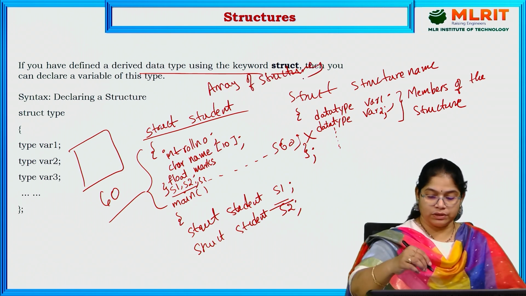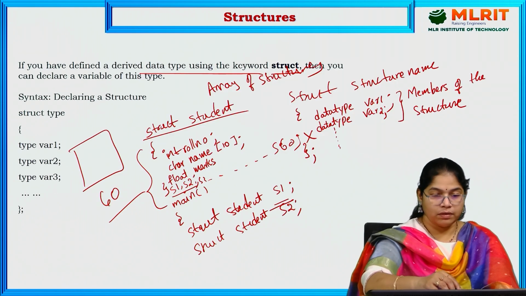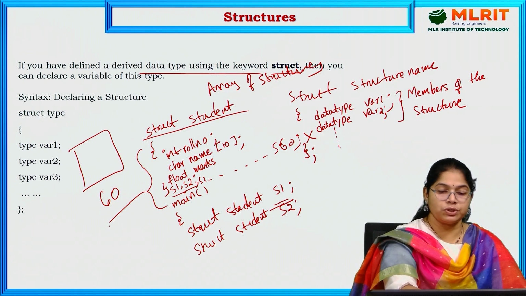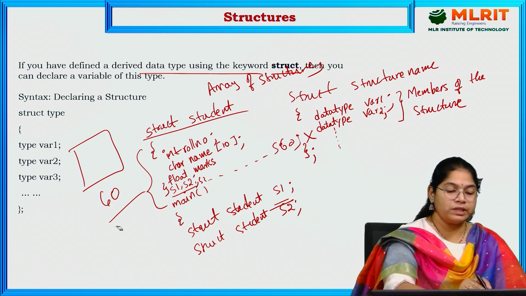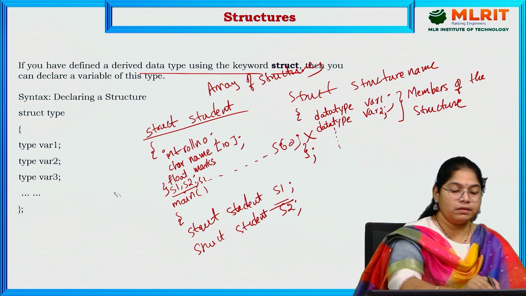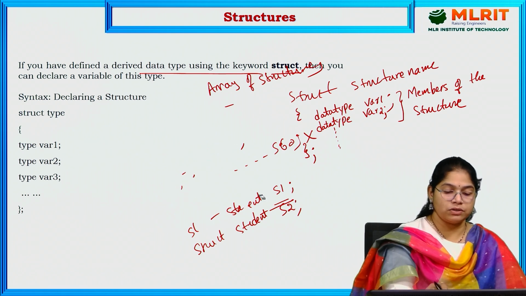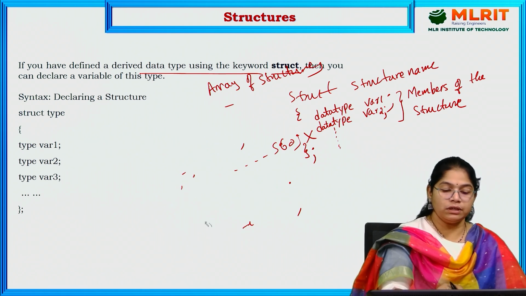Array of structures. How to write an array of a structure? I want the details of 60 students. So first we'll see how to write a structure. Already we know we use the keyword struct.